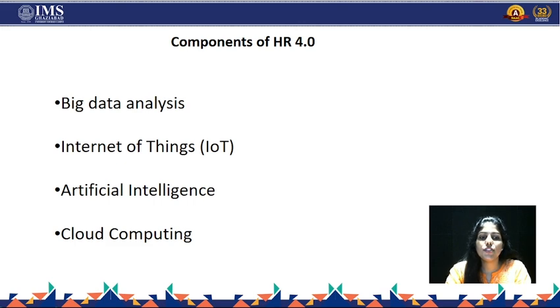AI-based chatbots streamline candidate screening and promptly respond to the inquiries of employees and candidates seeking a job in the company.